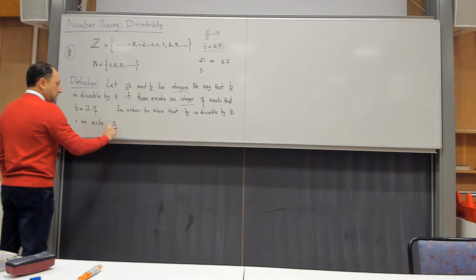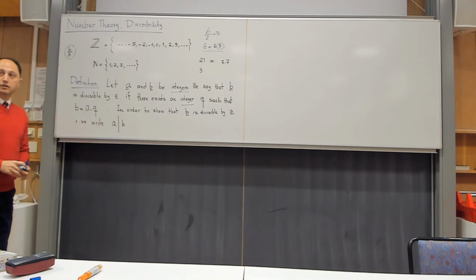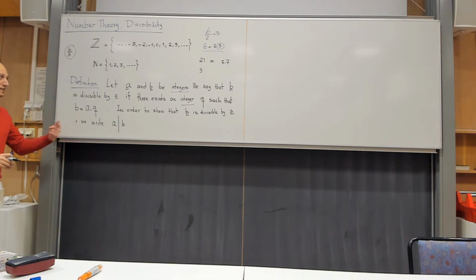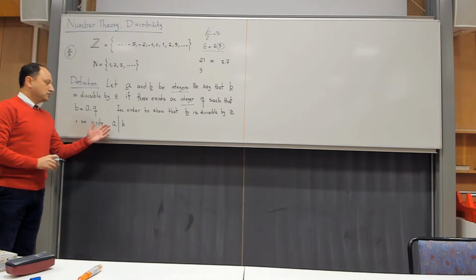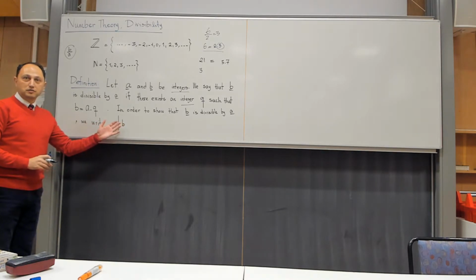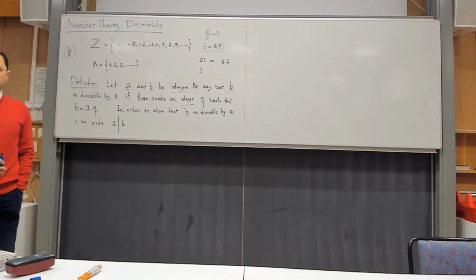We put a, we put b, and we put a vertical line between them. Be careful. This is a little bit unusual because in mathematics we usually read from left to right. But this doesn't mean a is divisible by b. This means b is divisible by a. Okay?